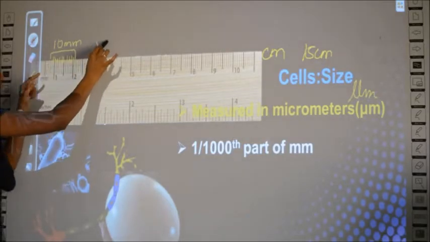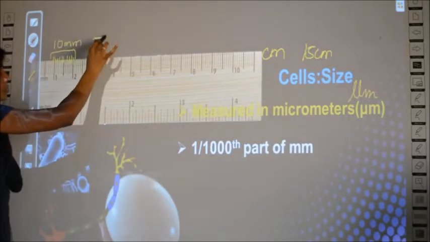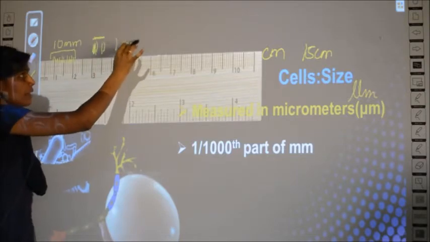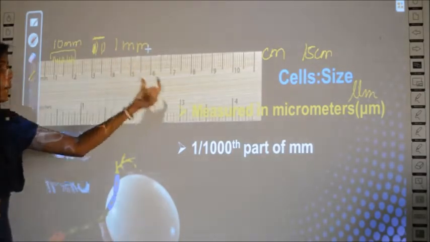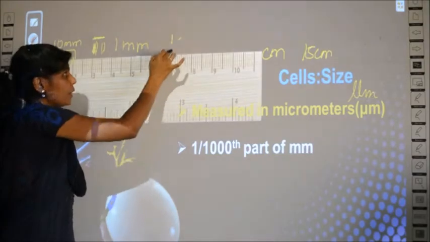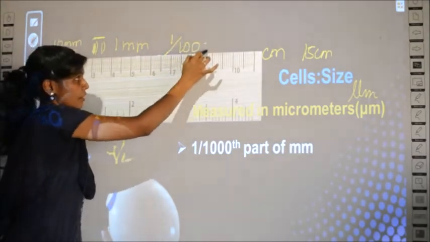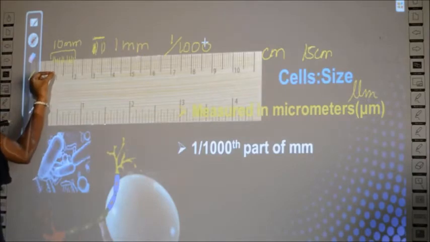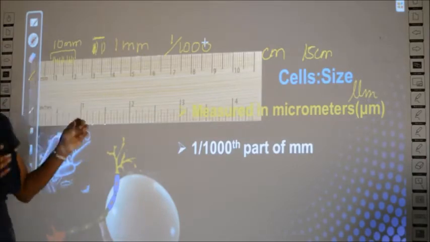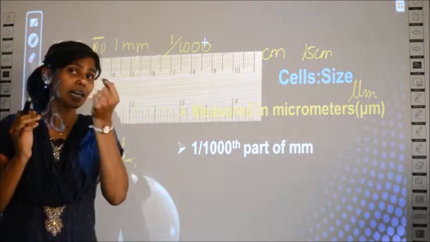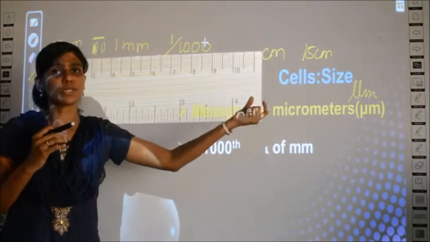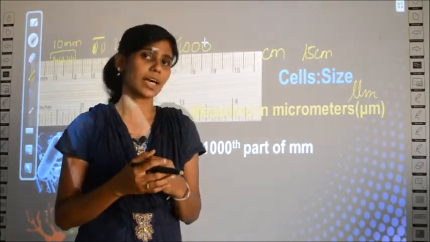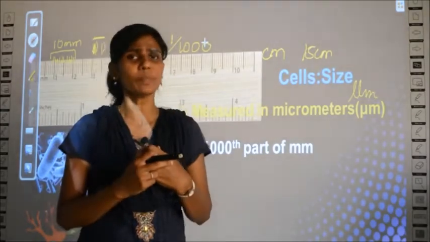Between these two small lines you have some distance, and this is called 1 millimeter. So a micrometer is 1/1000 of a millimeter. If you divide this division into 1000 parts, that one part will be the size of a micrometer, which shows how small the cells are. That's why you cannot see the cells with your naked eye.